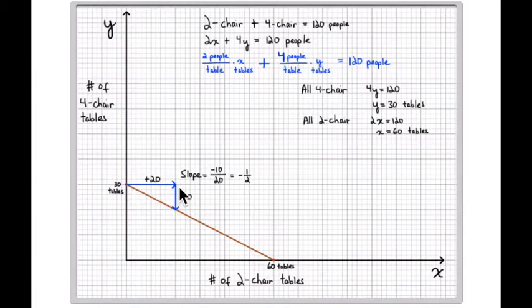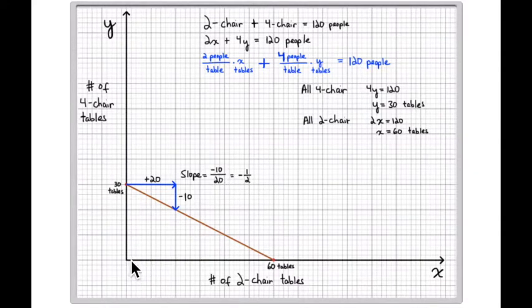Sorry about that. And so that is how many tables can seat 4 people to seat 40 people. That's 10 tables. So if I'm going to add 20 tables along the x-axis, I have to subtract 10 tables along the y-axis. Well, if I increase this 20 units and I decrease this 10 units, that is a slope of a negative 1/2, a negative 10 over 20.